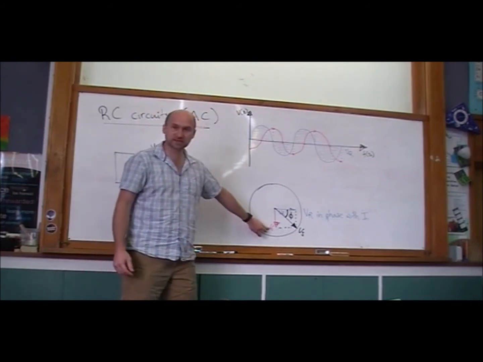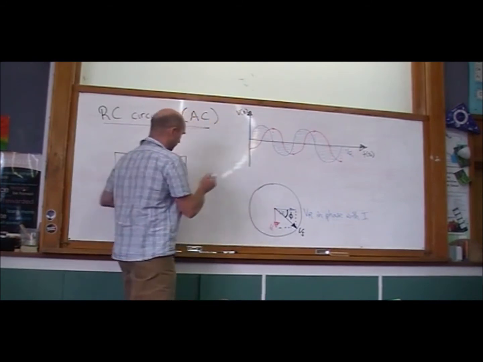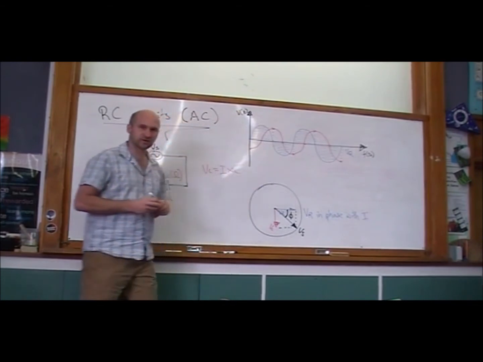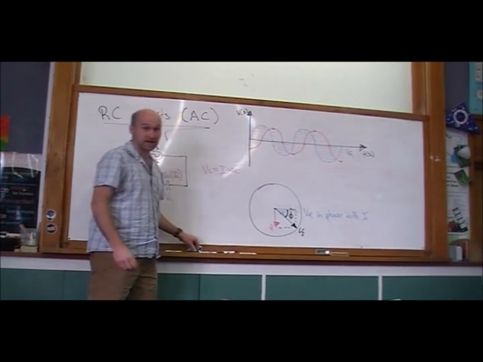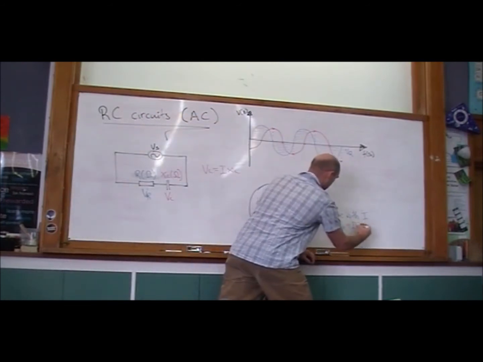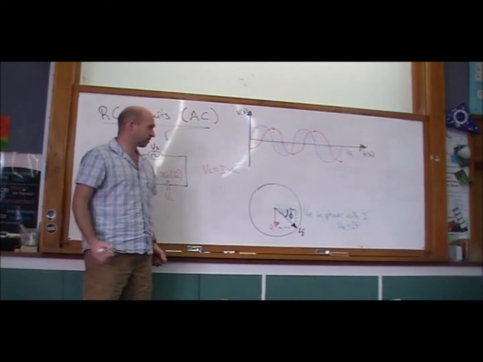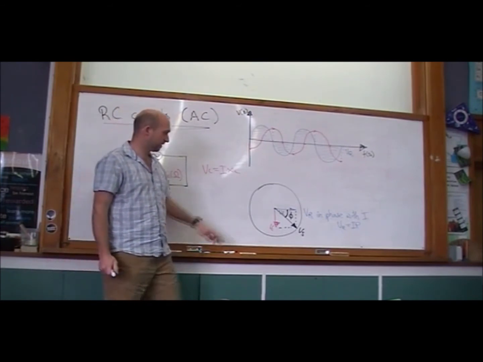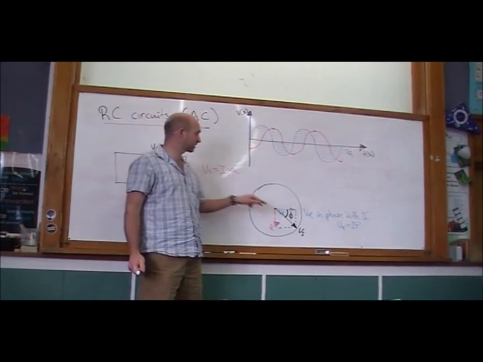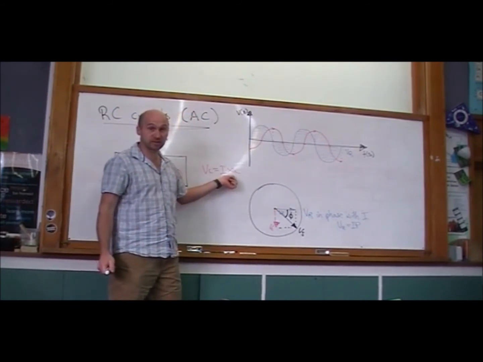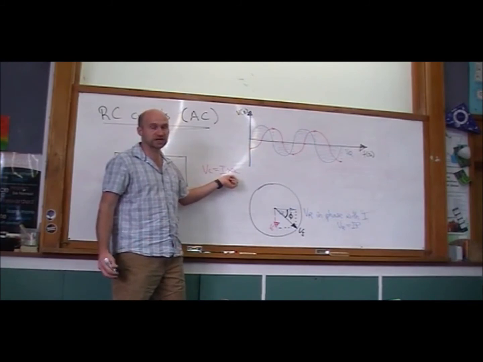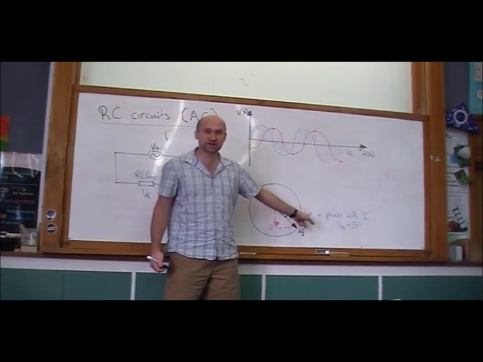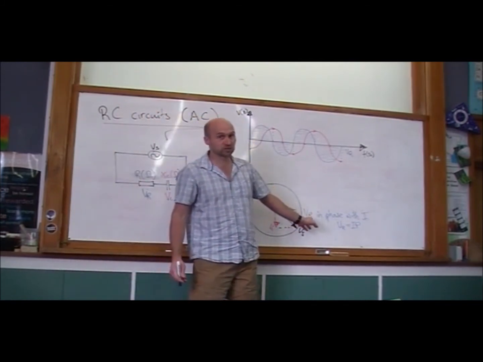We've got the capacitor voltage, and we know that the capacitor voltage is I X_C and the resistor voltage is I R. And so what we can see from that, because the current in our series circuit must be constant at all points in that series circuit, in fact the capacitor voltage phasor must be directly proportional to the reactance of the capacitor, and the resistor voltage phasor must be directly proportional to the resistance.